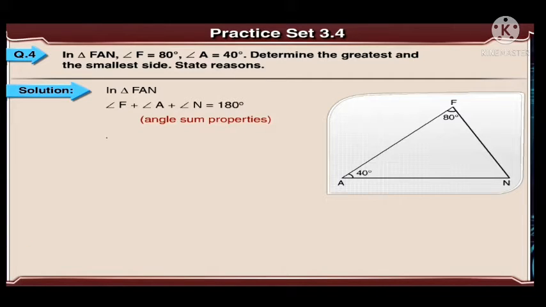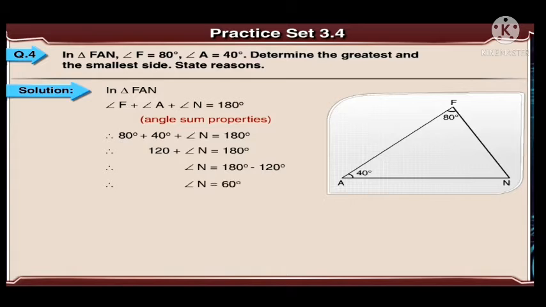Here we have to determine the greatest and the smallest side. We have learned the theorem on the inequality of the sides of a triangle, which states that if two angles of a triangle are not equal, the side opposite to the greater angle is greater. Here we are given that angle N is equal to 60 degrees.